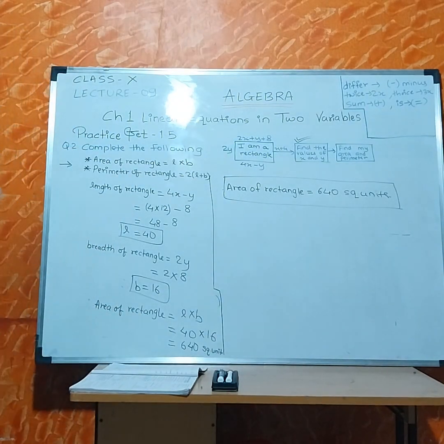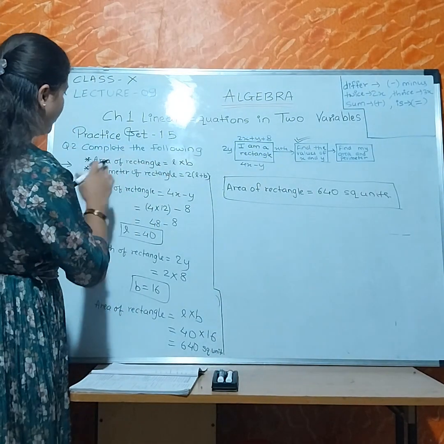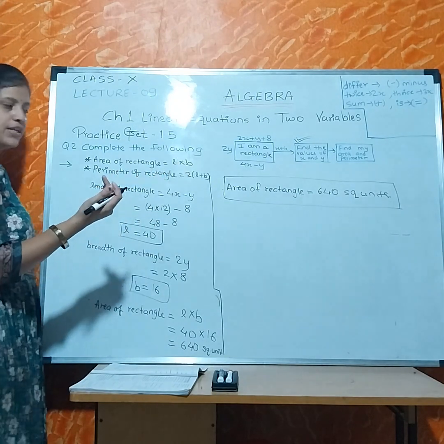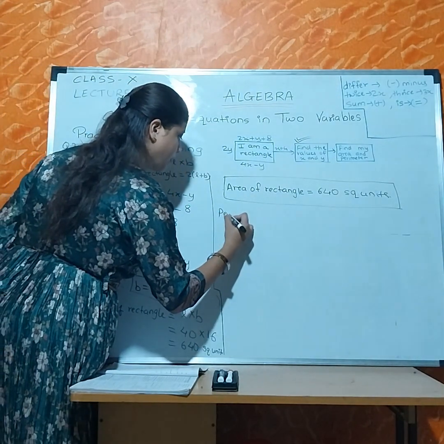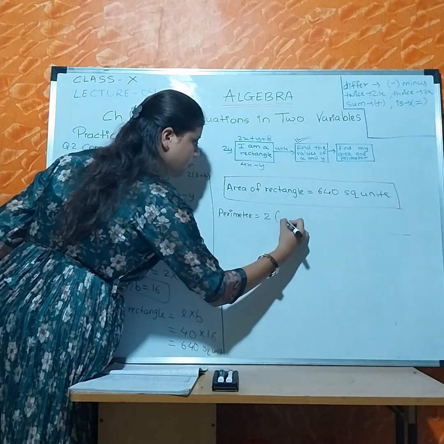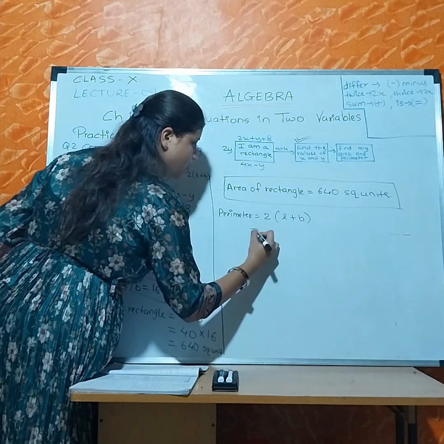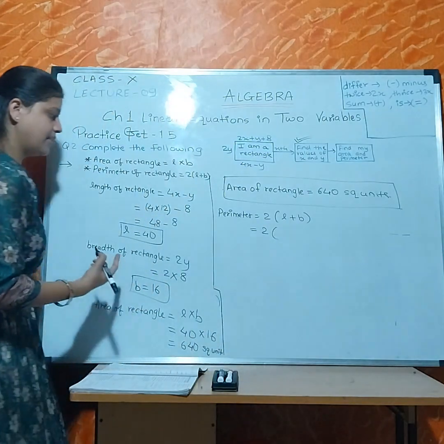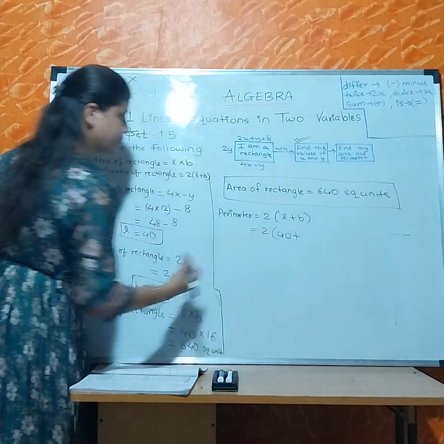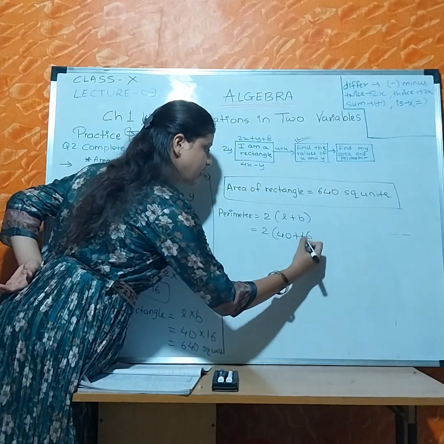Now we will find perimeter of a rectangle. What is the formula? Perimeter of rectangle is equal to 2 in bracket L plus B. So 2 in bracket, what is length? 40. Breadth, we have found 16.